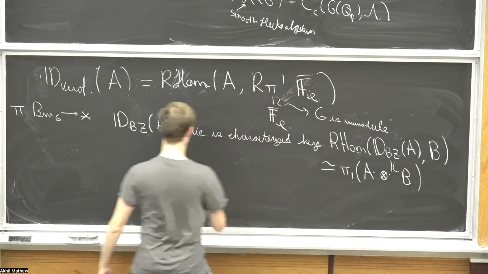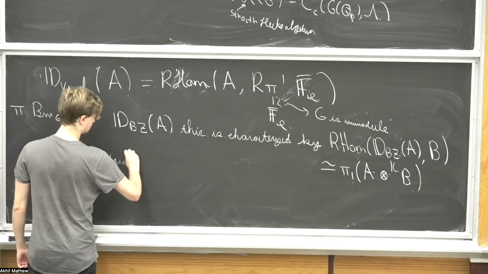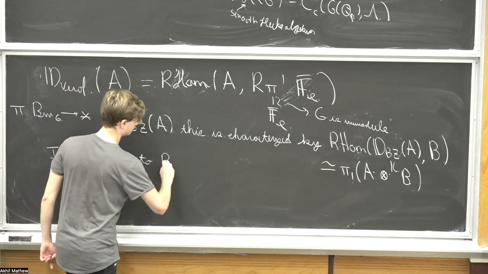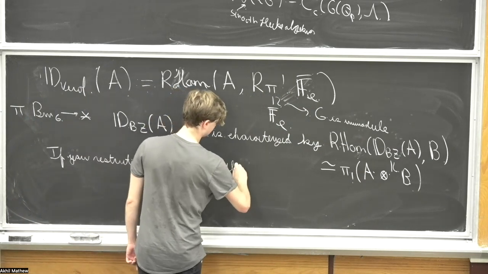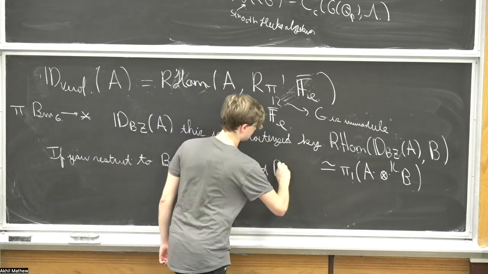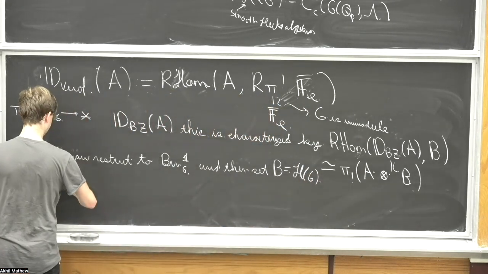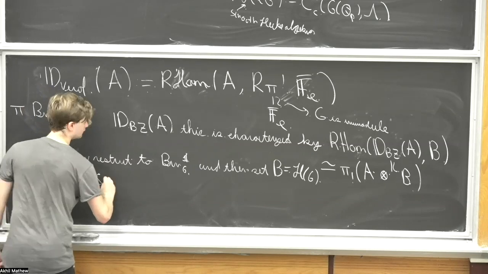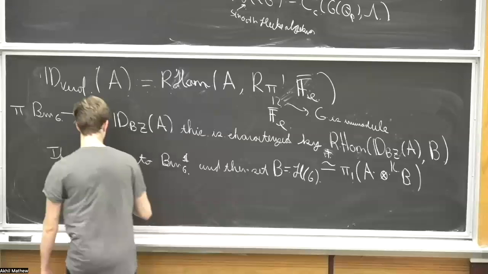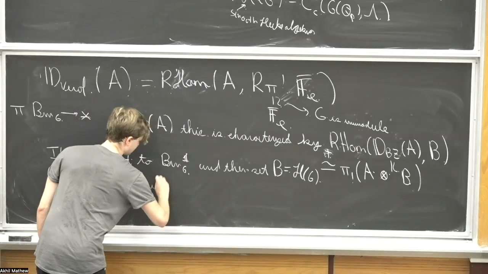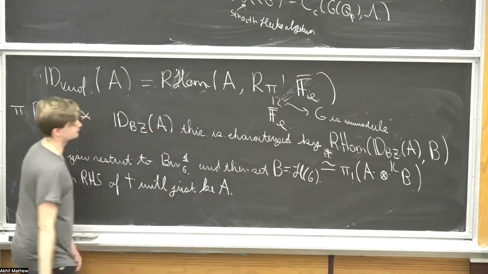Let me just remark: if you restrict to the neutral strata, so on G-one, and we set B equal to the smooth Hecke algebra, then the right-hand side of dagger will just be A, the underlying complex of A.